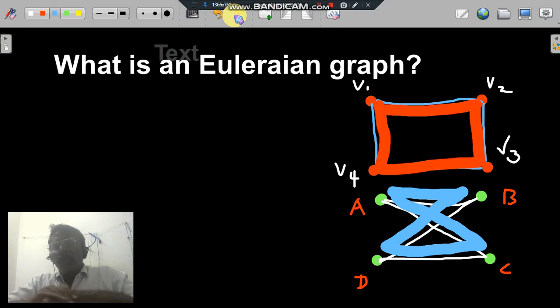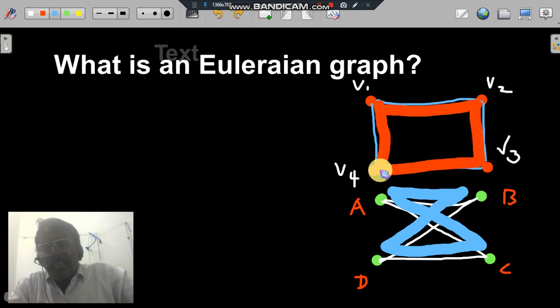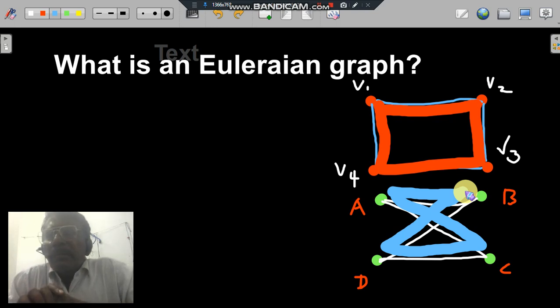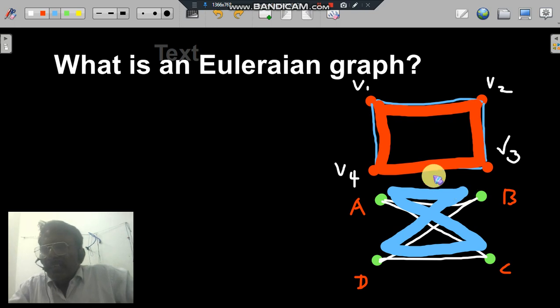So you have to understand that in these two pictures there exists a cycle such that the cycle contains each edge only once. I mean, the cycle passes through all the edges but only one time. Such a special type of graph, we call it an Eulerian graph.